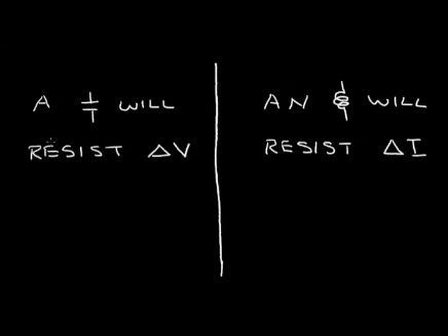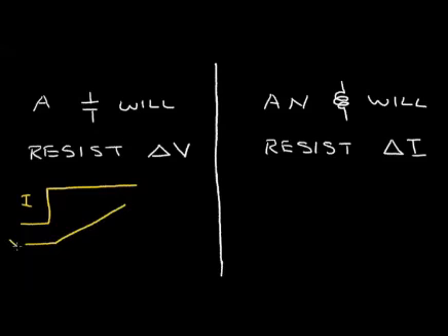Let's continue with our comparison of inductors and capacitors. We know from a previous video that a capacitor will resist change in voltage, but an inductor will resist change in current. So again, the role of voltage and current has reversed between the inductor and the capacitor. For example, if I run a current, I, into a capacitor, I know that the voltage across the capacitor will ramp up.